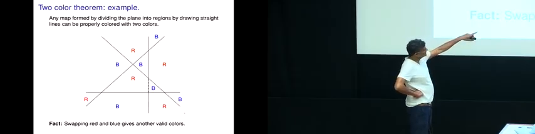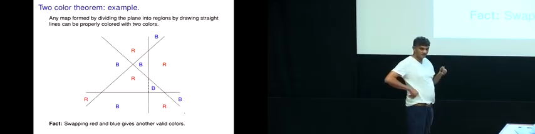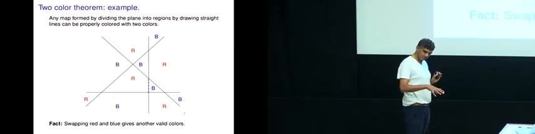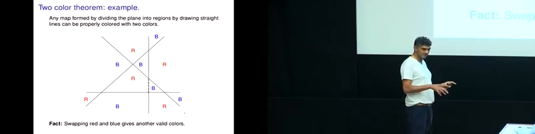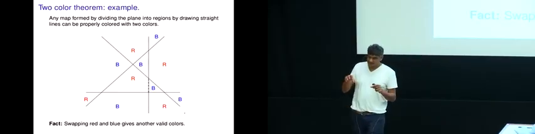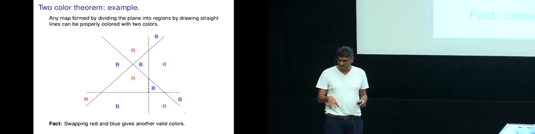And that line segment separates two regions. On the one side is one connected piece of the plane, and on the other side is a different connected piece of the plane. Now, those connected pieces of the plane have a color associated with them in a coloring, and they should be different.